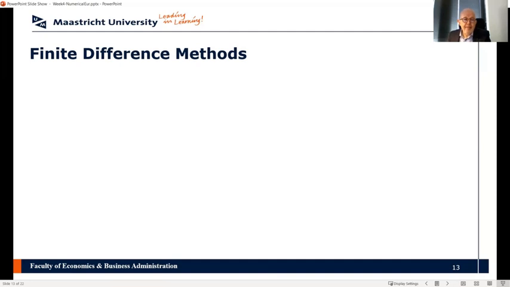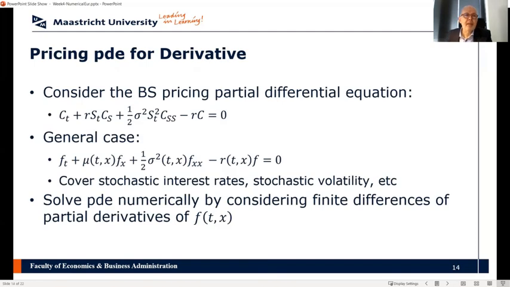I now want to cover a second class of numerical methods, which are known as finite difference methods. The finite difference method basically starts with the partial differential equation. So that takes the partial differential equation as a central focus point.